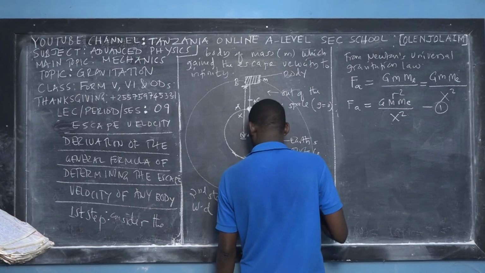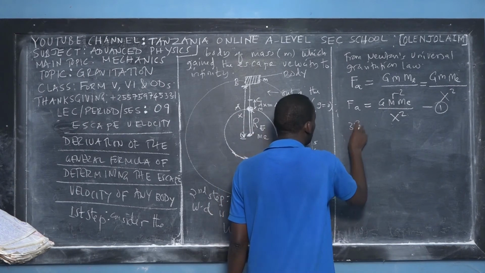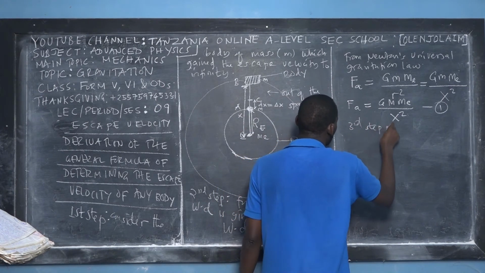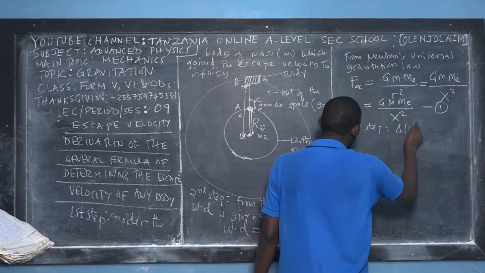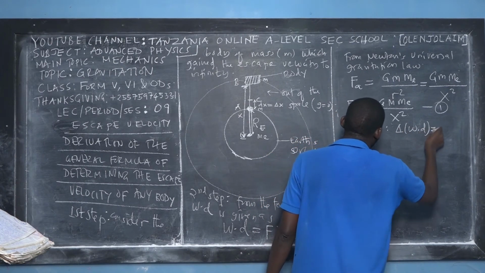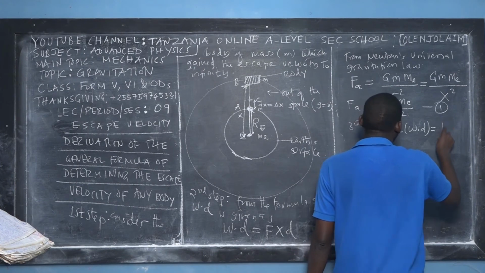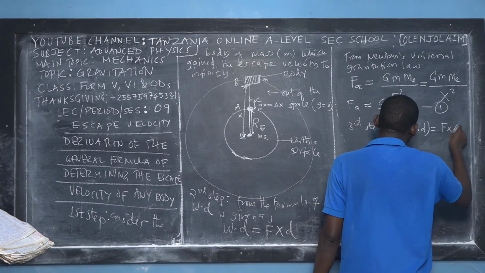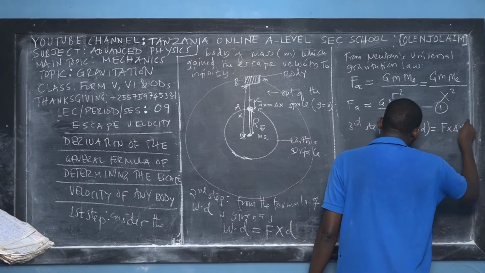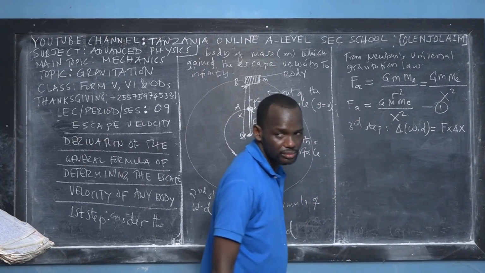Again, in this third step, we say that a small change in the amount of work done is equal to the amount of force multiplied by a small change in the distance, which is dx.